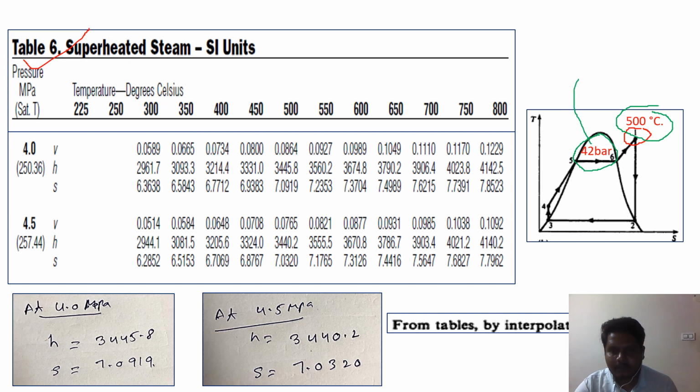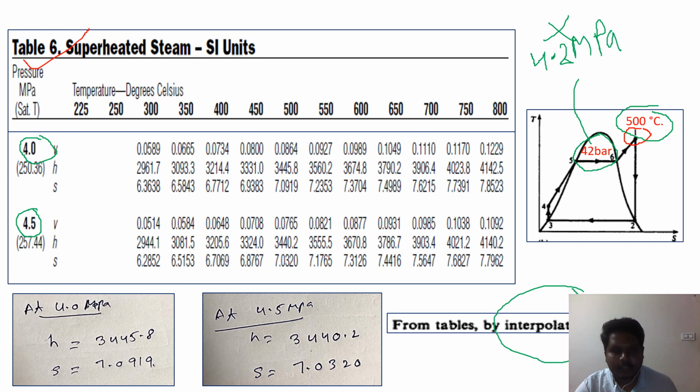If you convert 42 bar into megapascal, it would be 4.2 megapascal. But in the steam table, we have 4.0 megapascal and 4.5 megapascal. We don't have 4.2 megapascal. So we can find the enthalpy and entropy values at 4.2 megapascal by doing interpolation.